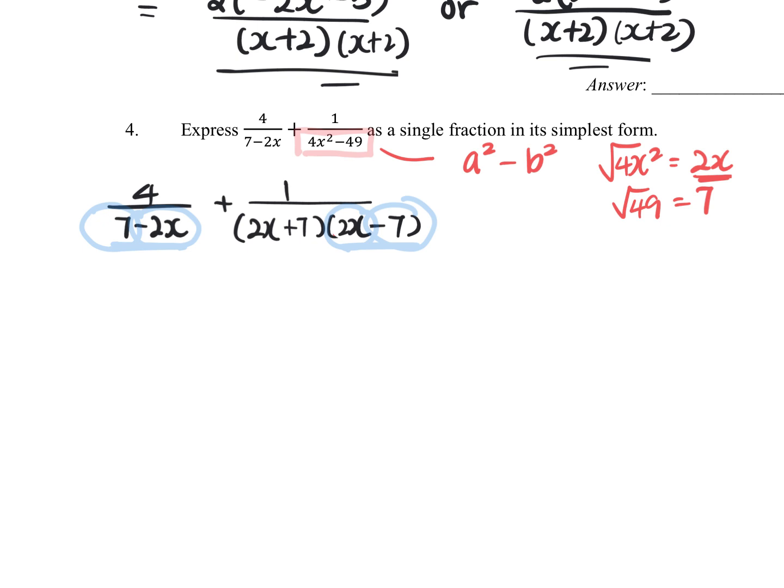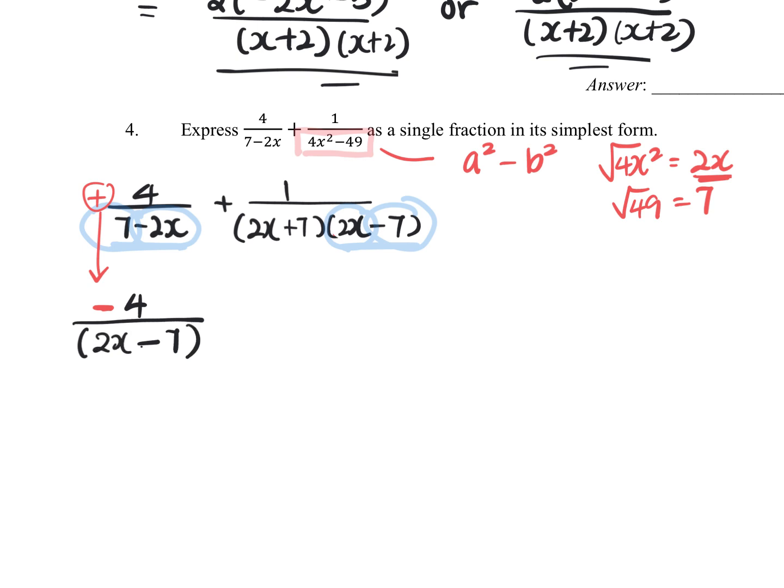So I'm going to multiply this addition by a negative number, negative 4. I'm going to keep my negative sign with my numerator, and then flip my denominator: positive 7 becomes negative 7, and negative 2x becomes plus 2x.